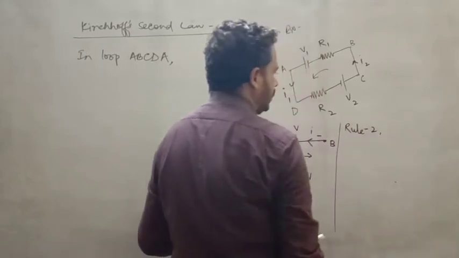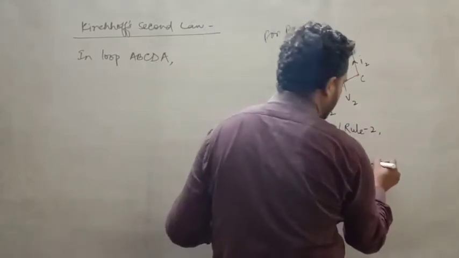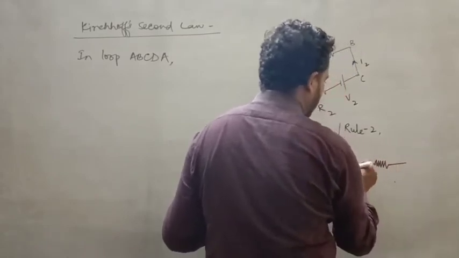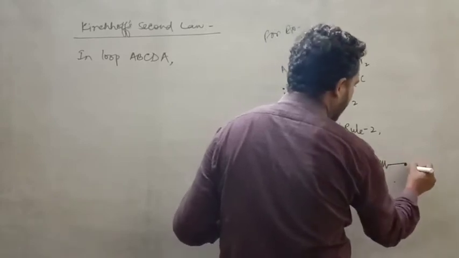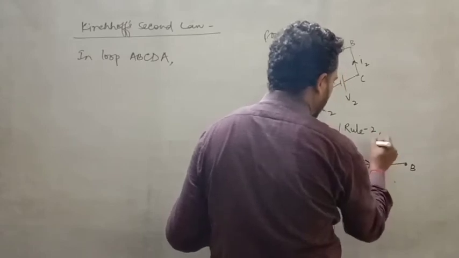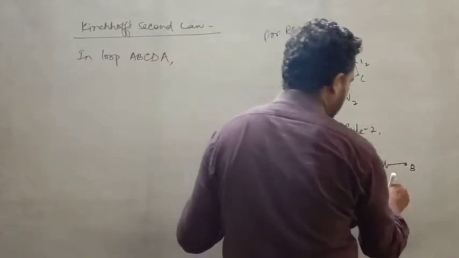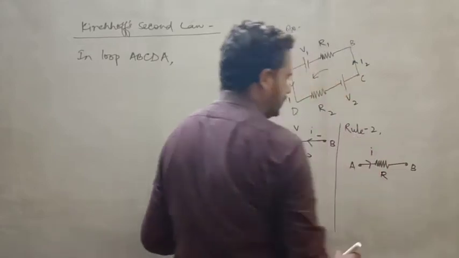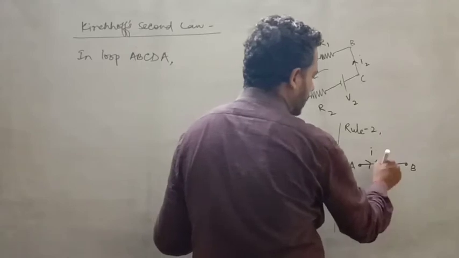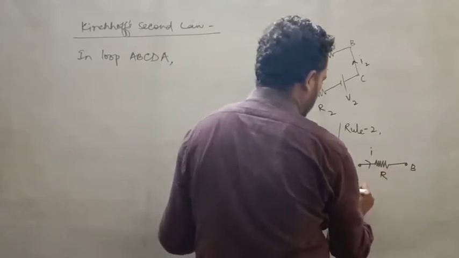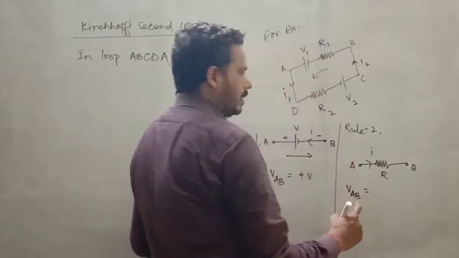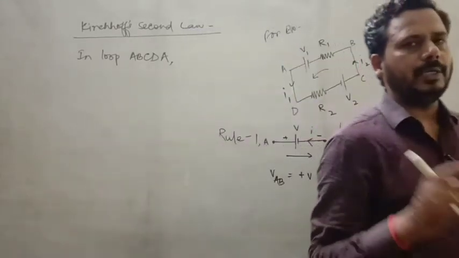According to this rule, suppose you are entering this resistor, this one is terminal A, this terminal is B, and current I is flowing from A to B, and its resistance is R. So the potential drop in this resistor, that is VAB, would depend on the direction of current.